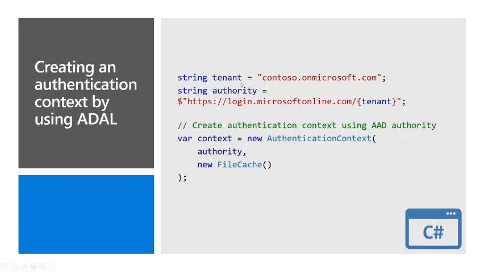So you create the tenant, then the authority. A simple authority becomes login.microsoftonline.com/tenant, which is this one. You might have an ID as well. And you create the authentication context using the Azure Active Directory authority, and the type of cache, file cache or whatever you want.